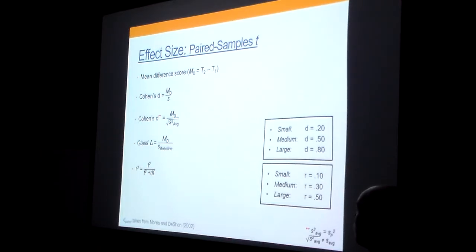We have a variation on Cohen's d where we can just take the square root of the average variance. Okay? What's the square root of the average variance? What's the analog of that? What's that? Okay, now be careful.